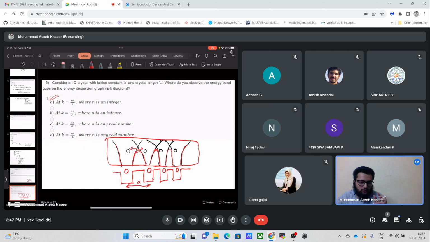That small box was basically the lattice constant of a particular atom. Let's consider it that way so you won't get confused about this problem. You can consider these as small finite well potential boxes, and as a result k would be an integer multiple of n pi by a.